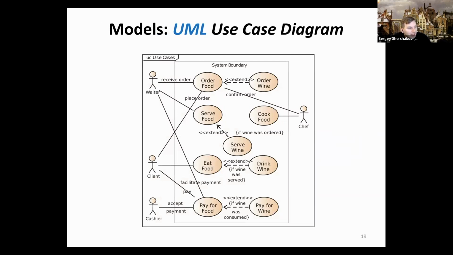Finite state machine. And another type of diagram, the use case diagram. I guess you also may have looked at them previously. It shows the important part of the system, its boundary, which the system can't break through.